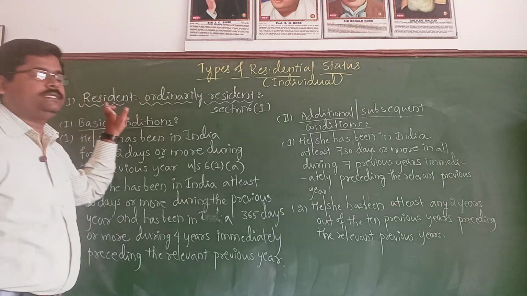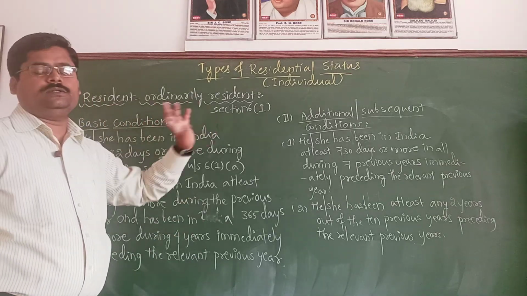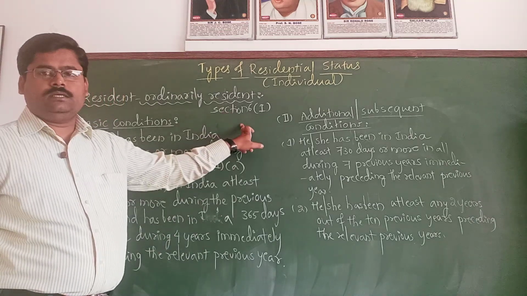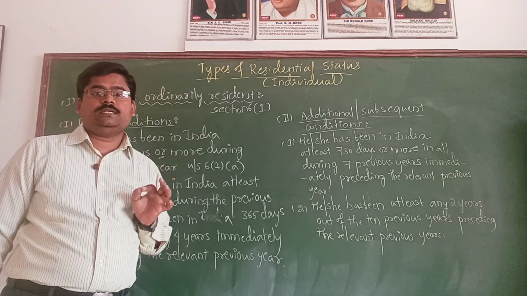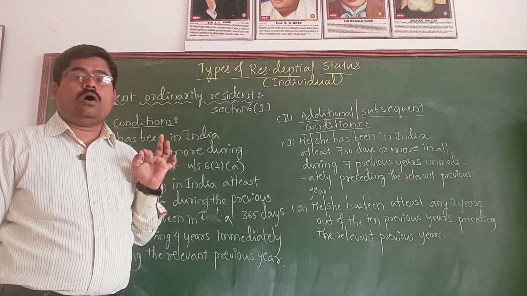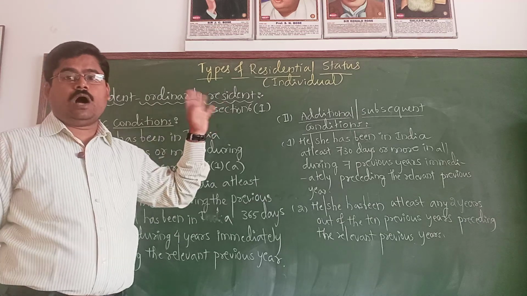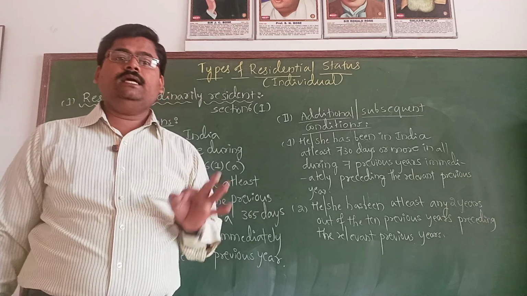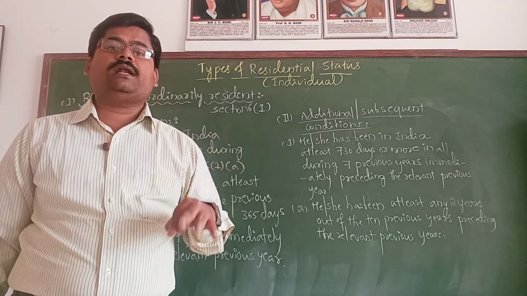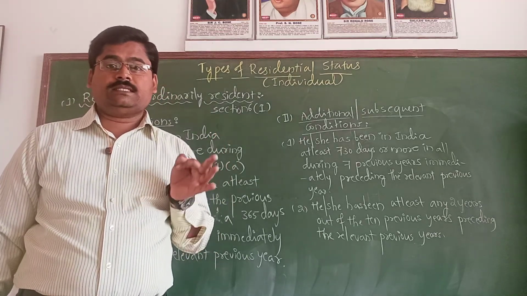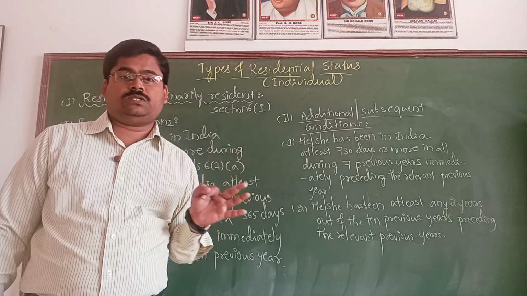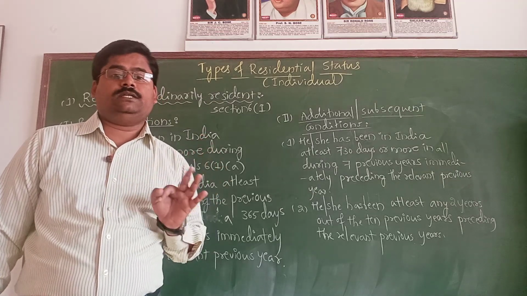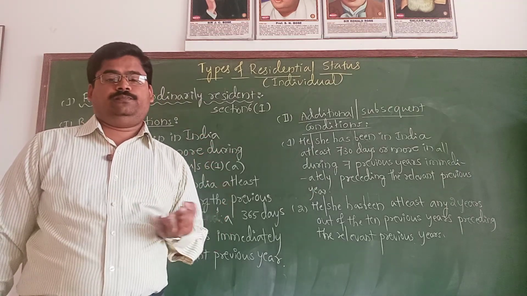One is resident ordinarily resident, section 6 subsection 1. This states about the resident ordinarily resident, ROR. That is the first important type. And the second is the resident not ordinarily resident, section 6 subsection 6, RNOR.